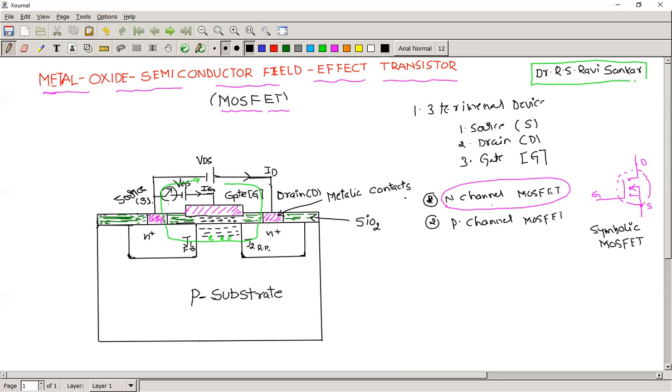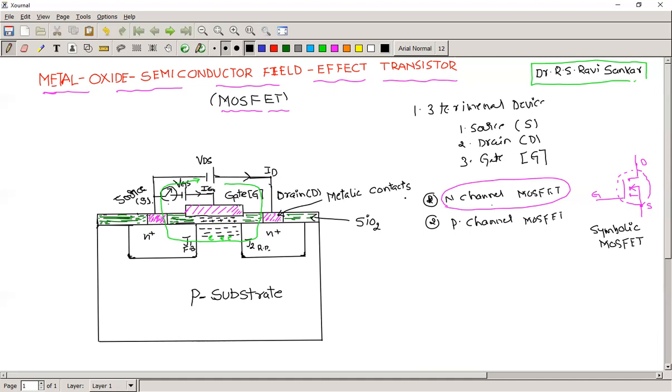Now, in power electronics, all the devices we are using as a switch only, nothing but on and off. Just now, in the last classes we have studied the SCR. Next the triac also we have studied. This is one more device.